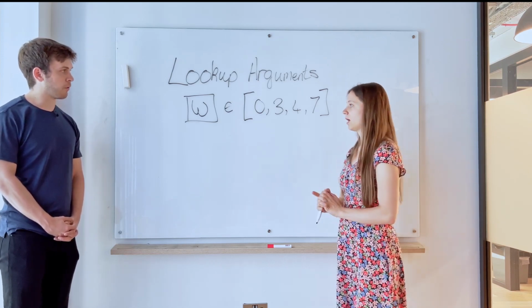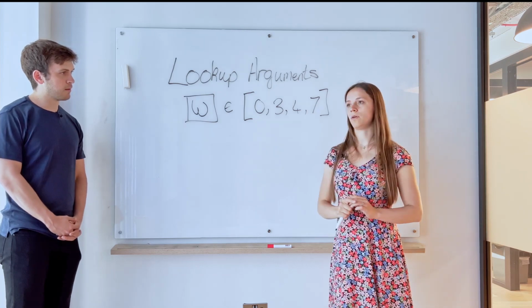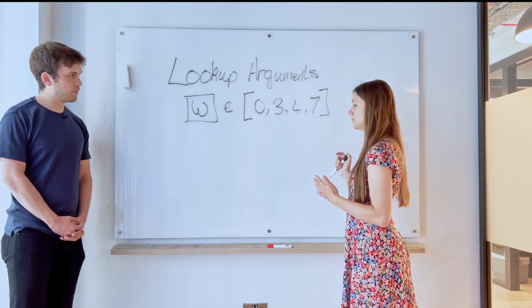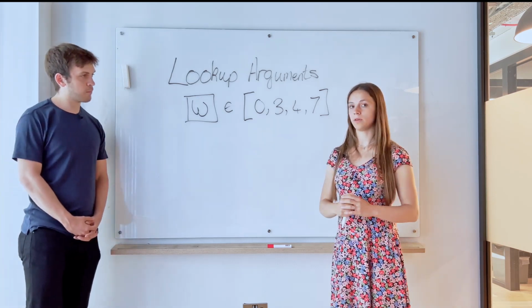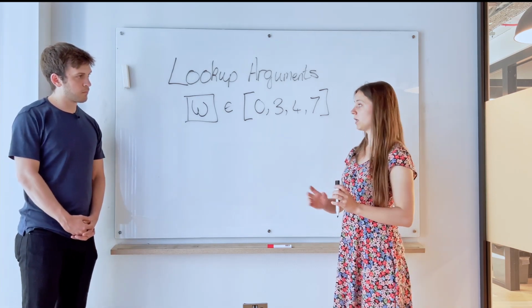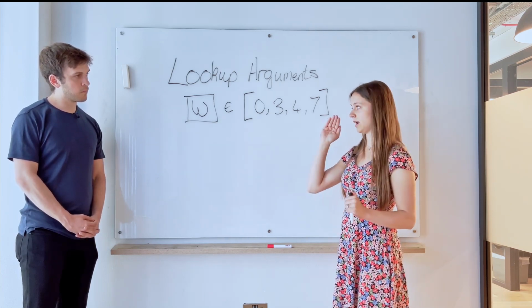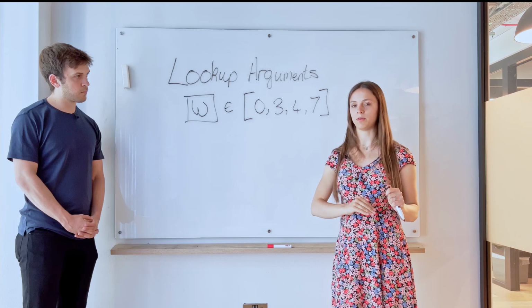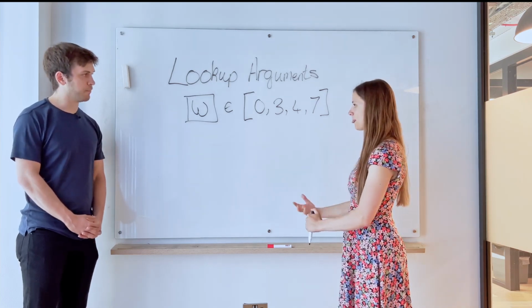Cool. So where might we use a lookup argument? A classic place where we use them all the time is actually in our Snark constraint systems, because often it is quicker to check that W is in some pre-computed list than to check all of the constraints on W that would lead to W being in that pre-computed list.